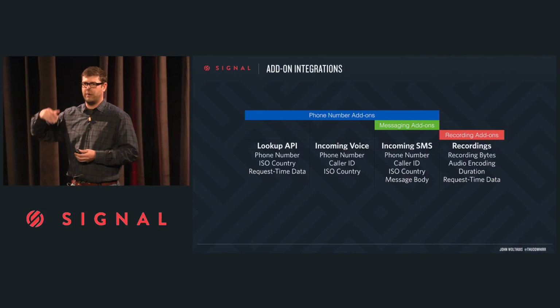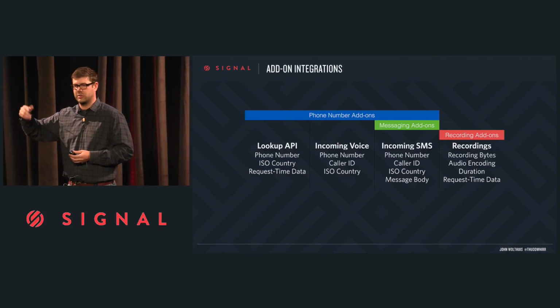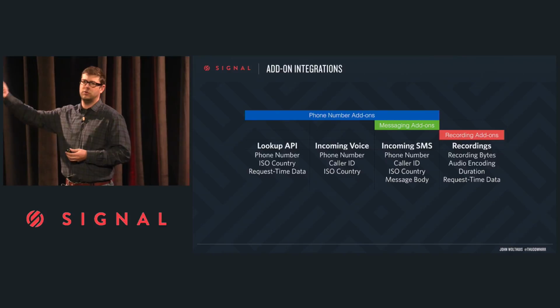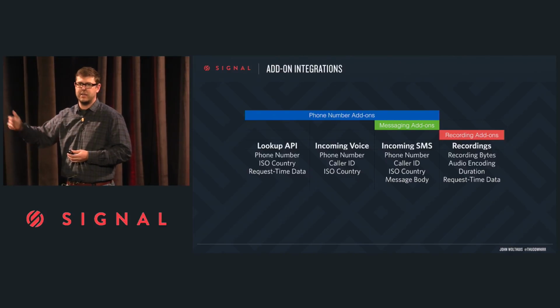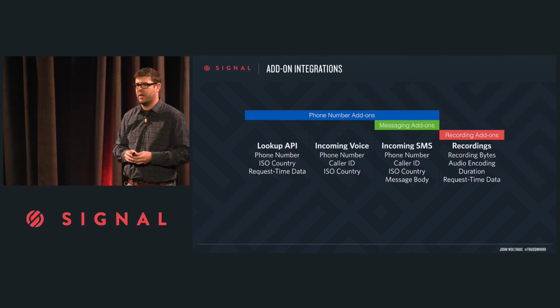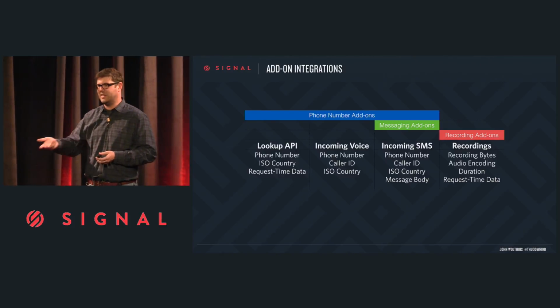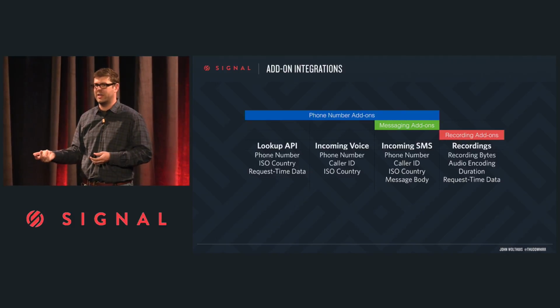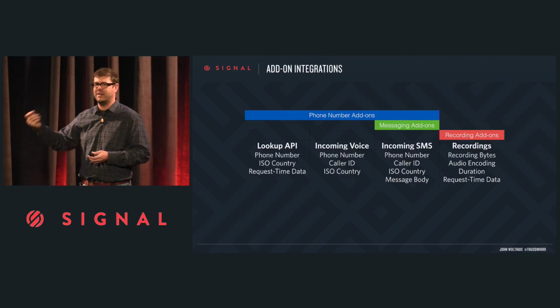You can provide a phone number through the normal lookup interface, but you can also say, for this add-on, please pass through the date that I want to query on, and it will tell you whether or not the phone number has changed since that date. So any lookup API add-ons you create can also take these side channels. Because incoming voice and incoming SMS use cases don't provide anybody the chance to provide a runtime piece of metadata, that won't be available for those.